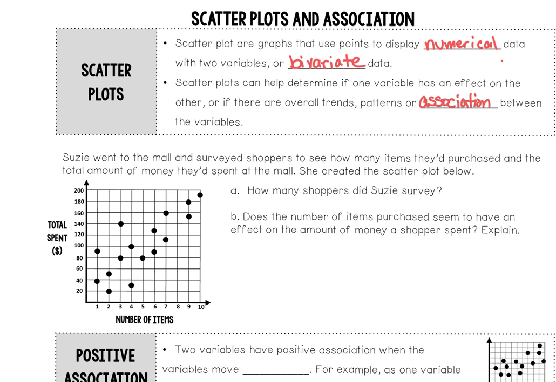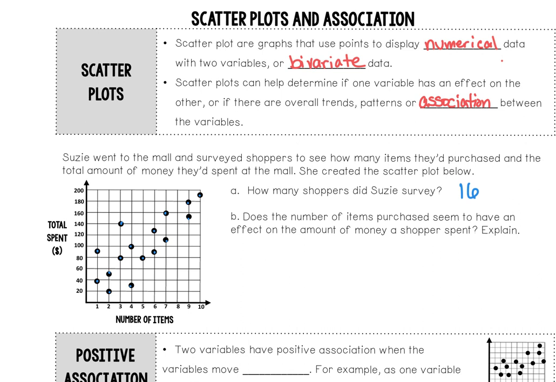This represents each shopper. So shopper 1 had one item, they spent $40. Shopper 2 had one item but spent like $90. So let's go through and count all the dots. 1, 2. Okay, so how many shoppers did she survey? Good, 16.